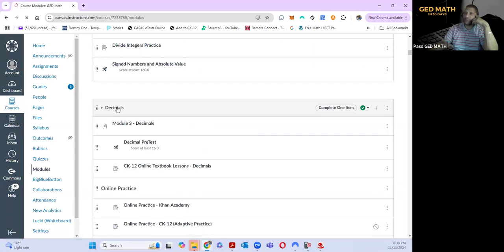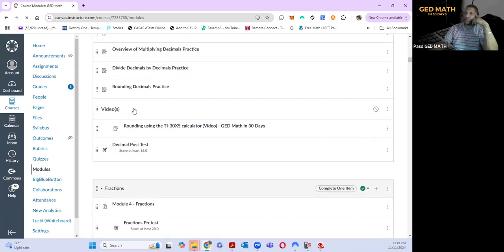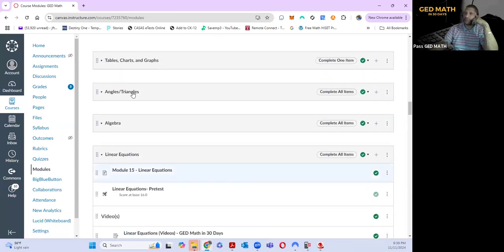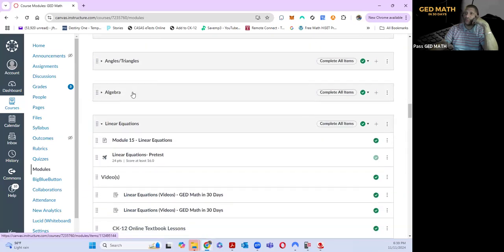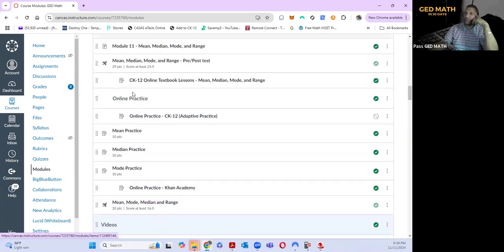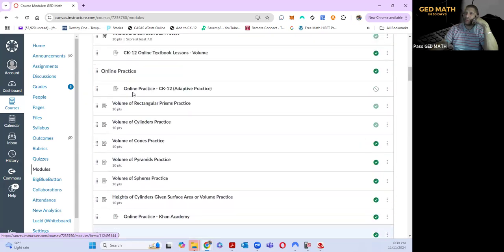Absolute value and signed numbers, decimals, fractions. I don't know why my mouse is acting up, but hold on, let me go slow.